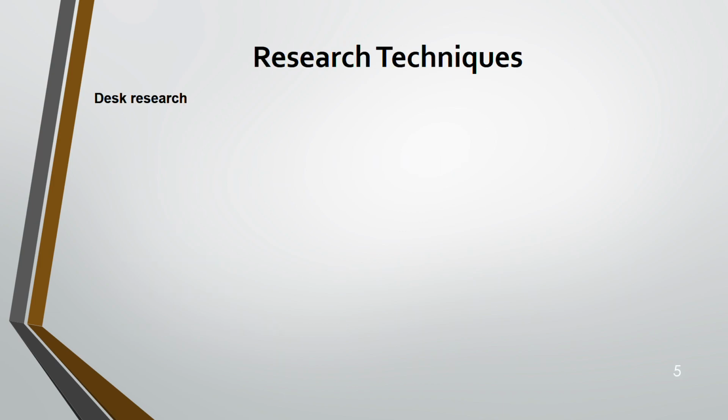There are two types of research. One is known as desk research. Desk research is secondary research. That means information already collected by someone, and you are collecting it from them. That's why it is a secondary source. Like you are collecting information from a press article.